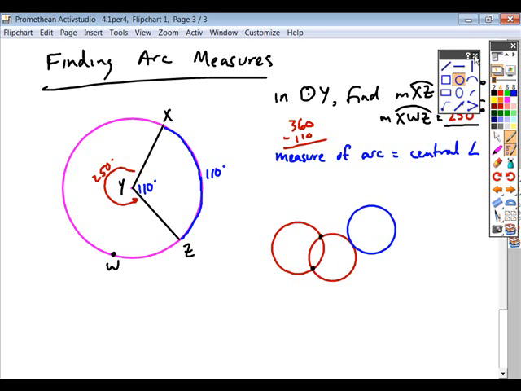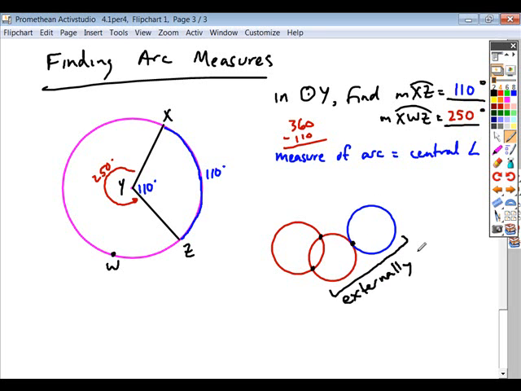So here would be a case of these two circles intersecting at one single point. These are called externally tangent circles. It's just describing the relationship for those.